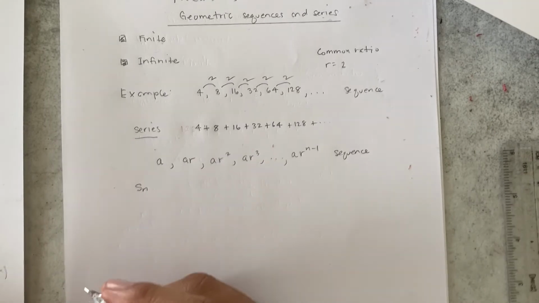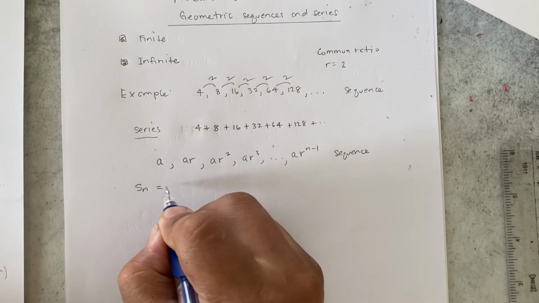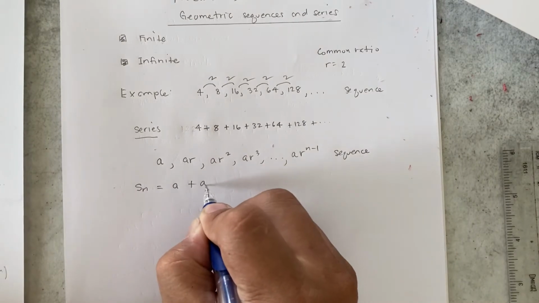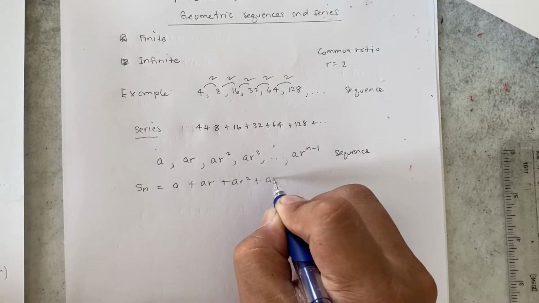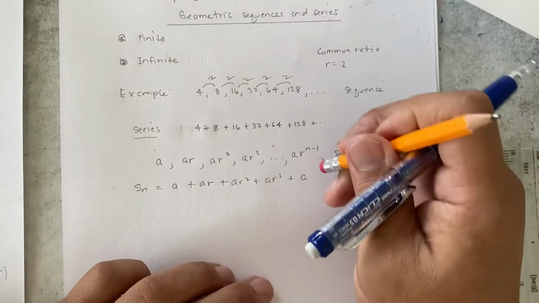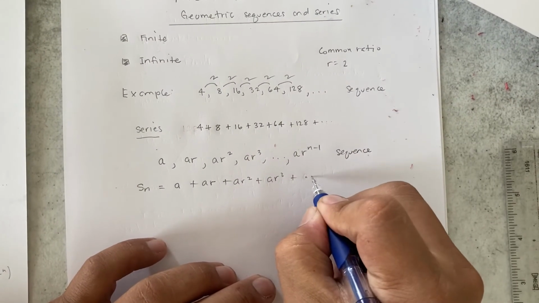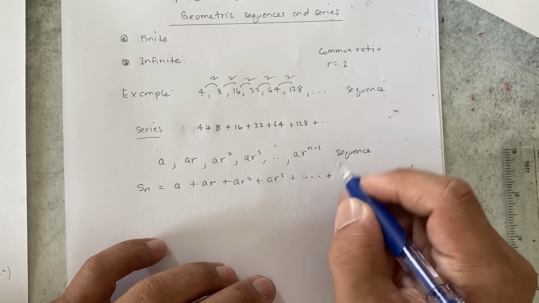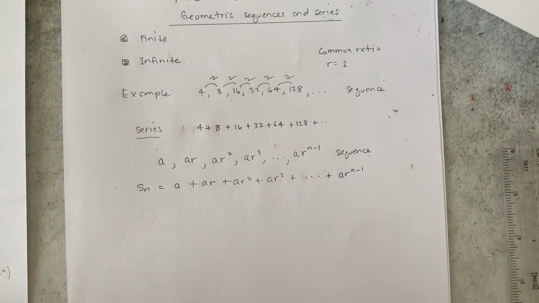This is the sequence, and then what we do is take the sum of the first n terms. So we're listing it as S sub n: a plus ar plus ar squared plus ar cubed plus, and I'm going to put dot dot dot ellipses here, plus ar to the n minus 1.